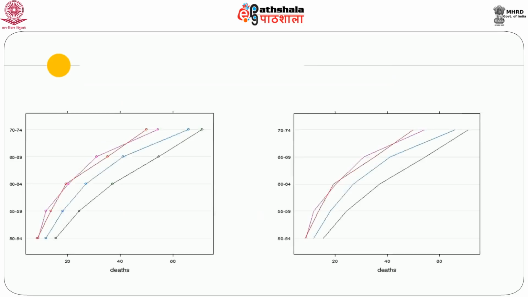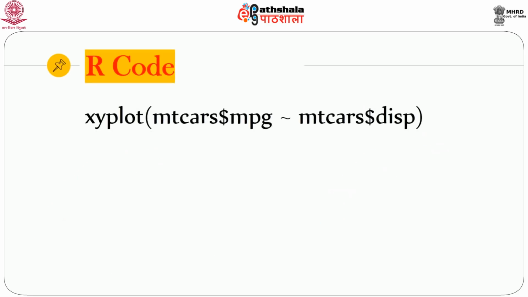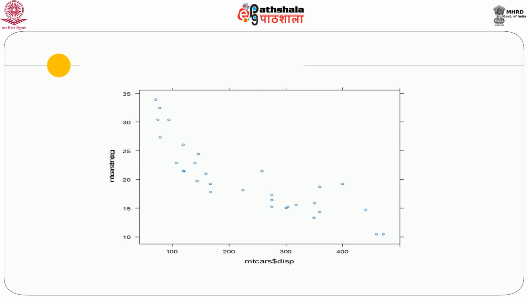Like here, the first plot contains lines as well as points. But later on, we want a plot that contains only lines, no points, because the points would make it more clumsy. So here are the two plots. As one can see, the first one contains both lines and points, but the second one contains only lines.